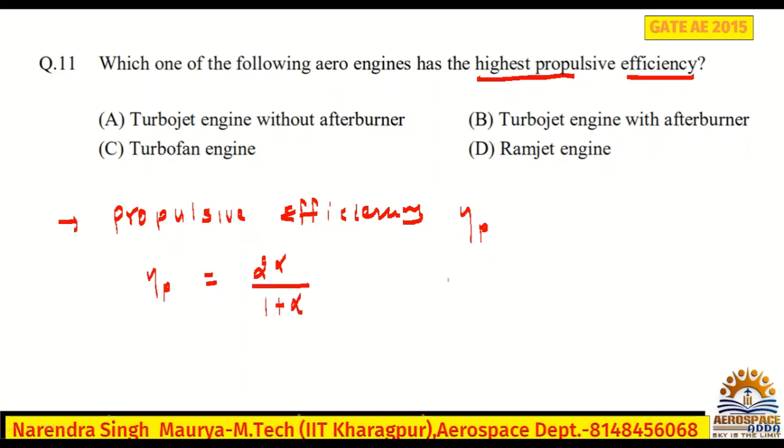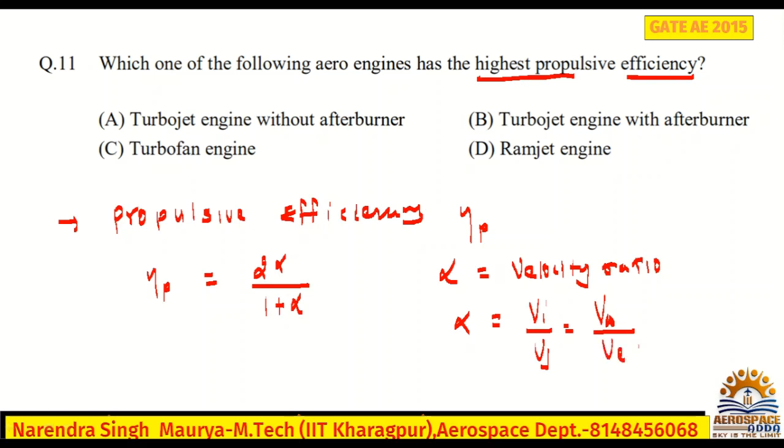What is alpha? It is the velocity ratio. Alpha is nothing but V infinity by Vj, or you can say V infinity by Ve. So this is the formula. Anyway, this is the very short form.